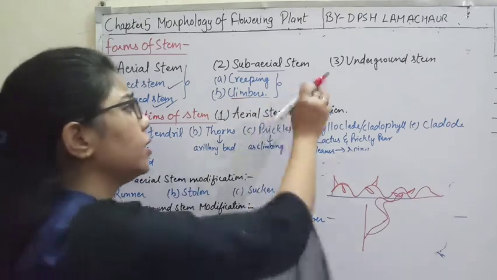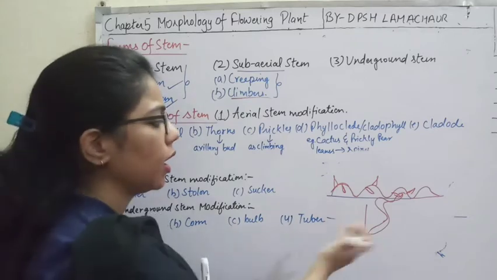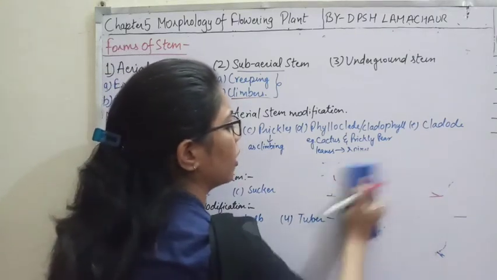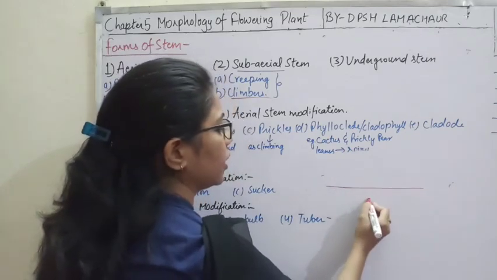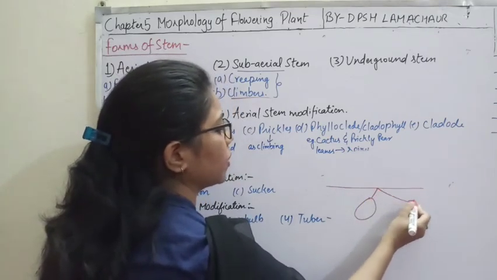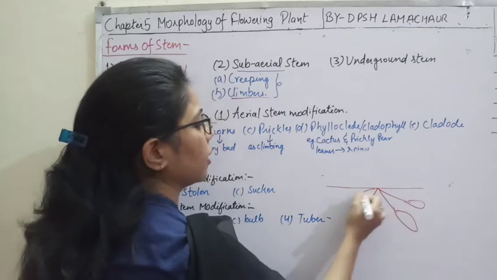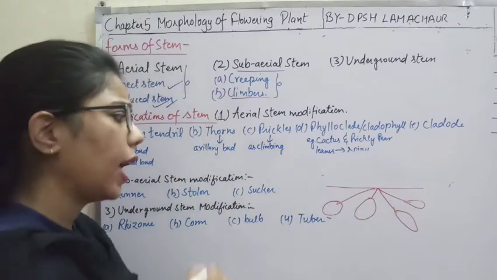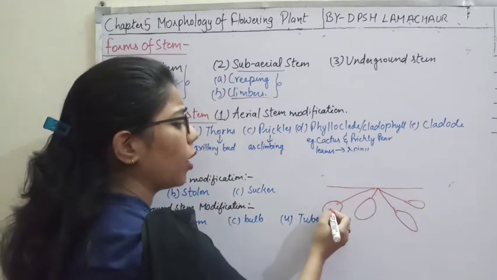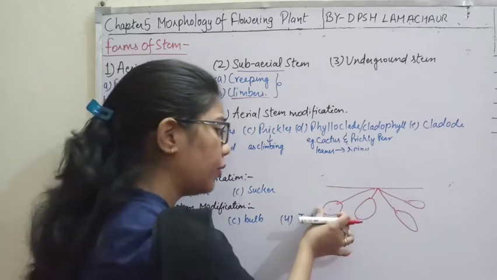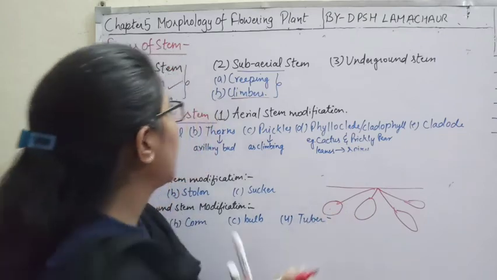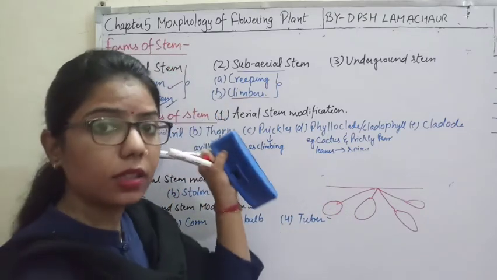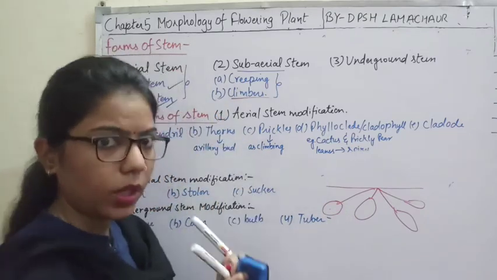Now the third one is the underground stem, which is present under the soil. For example, potato, and this potato is growing terminally, and this part is showing the stem, and after the modification it forms the tuber. So this tuber has the proper characteristics of a stem.